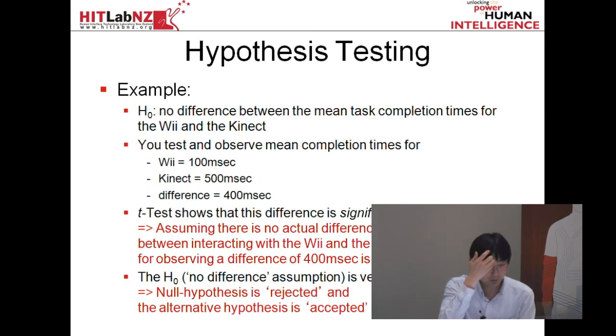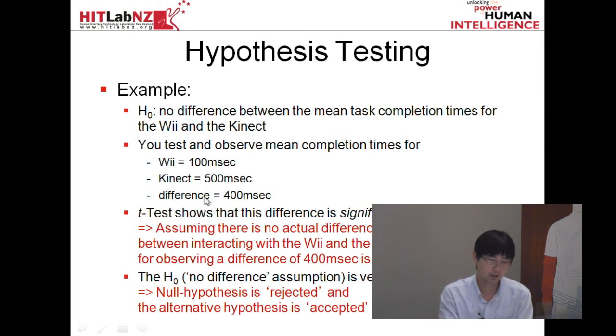So for example, say your null hypothesis was that there was no difference between task completion time for V and Kinect, and you ran the user experiment and measured the mean task completion times, and V came up with the mean value of 10 milliseconds, and Kinect came up with the average 500 milliseconds to complete the task.